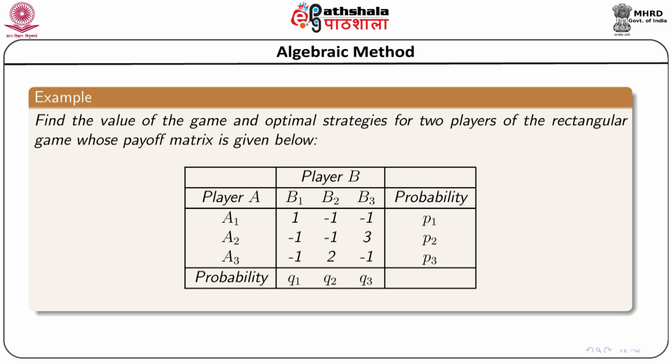The corresponding probabilities for the strategies A1, A2, A3 are P1, P2, P3, and for the strategies B1, B2, B3 are Q1, Q2 and Q3.